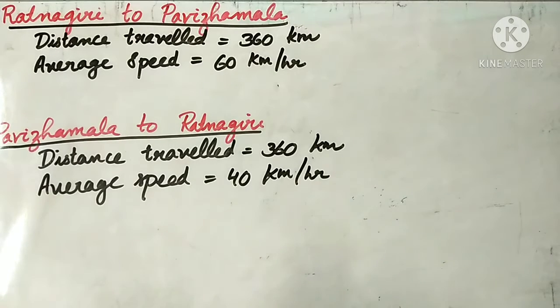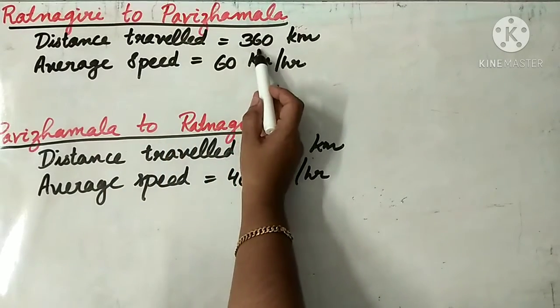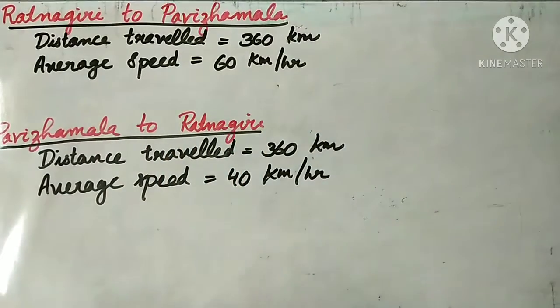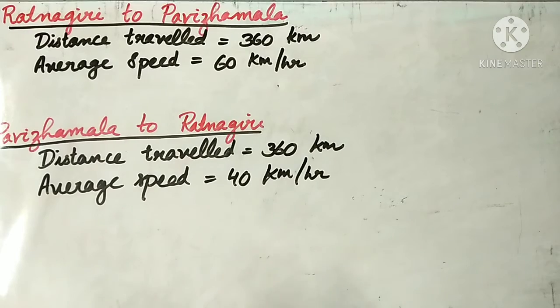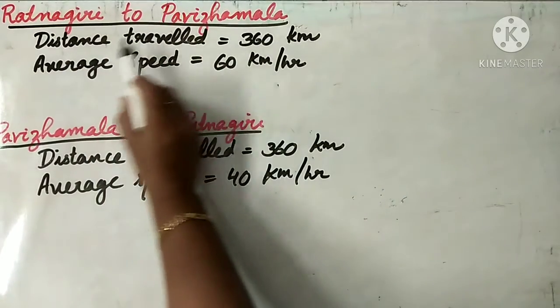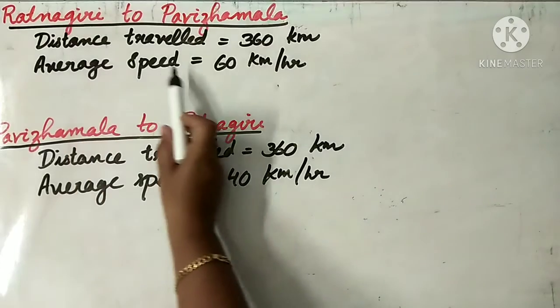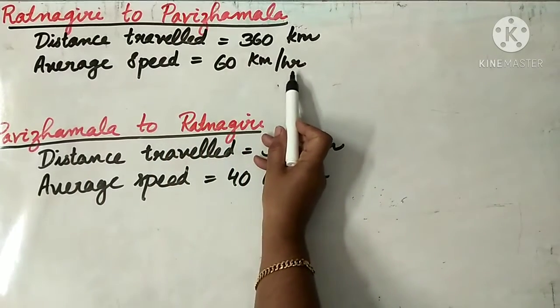According to the question, Ratnagiri is 360 kilometers from Pavidamala. So, Ratnagiri to Pavidamala distance travelled is 360 kilometers at an average speed of 60 kilometers per hour.